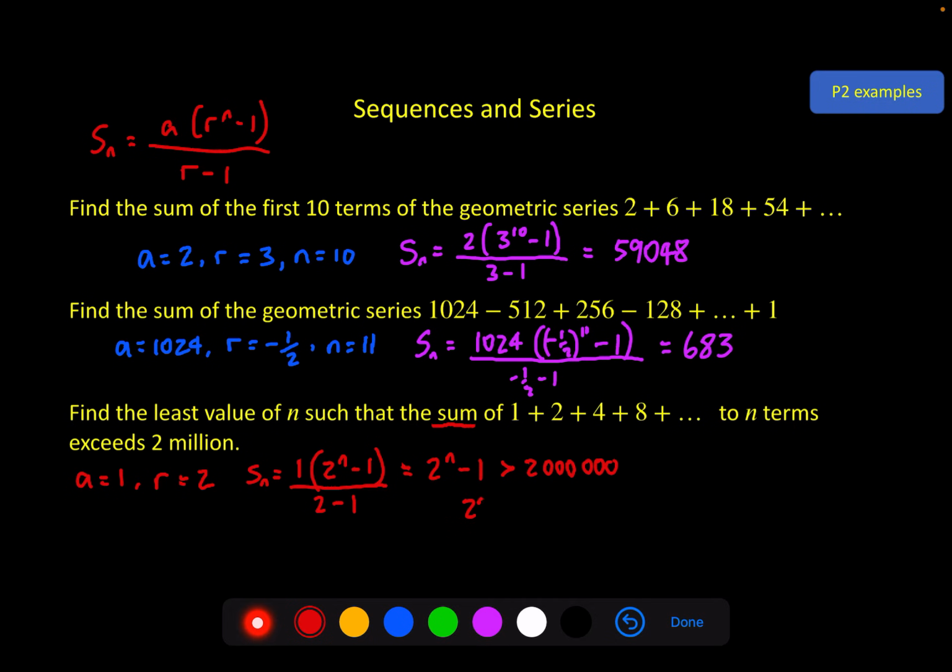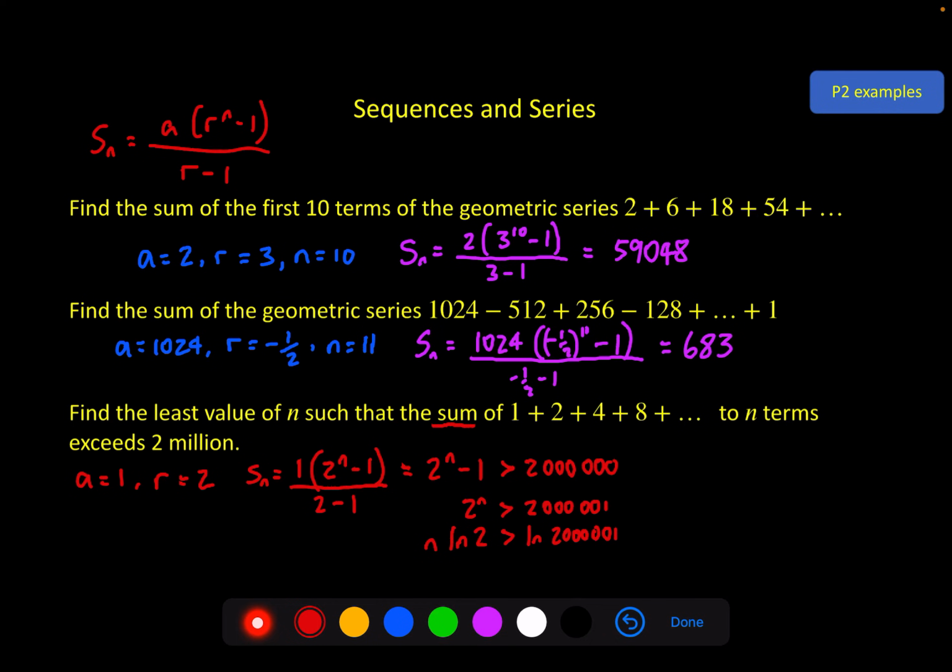So 2 to the n needs to exceed 2 million and 1. So I'm going to use natural logs again. The natural log of 2 we did before is a positive number, so when I divide by that I don't need to switch the sign.